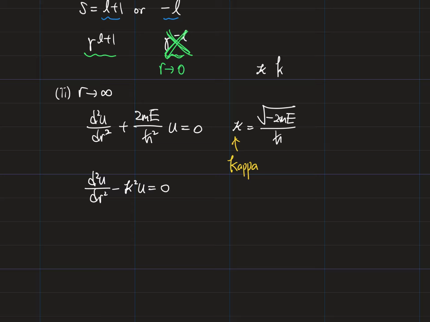I guess you already have the experience to solve this differential equation. So u can be exponential plus kappa r or exponential minus kappa r. Oh, sorry, here should be r.